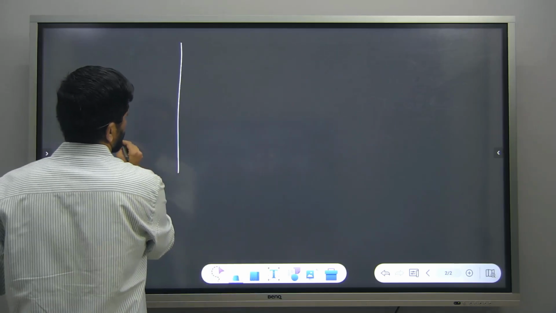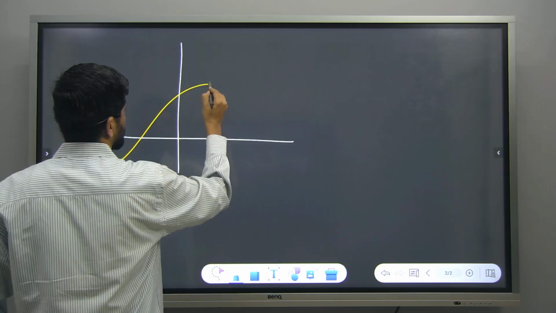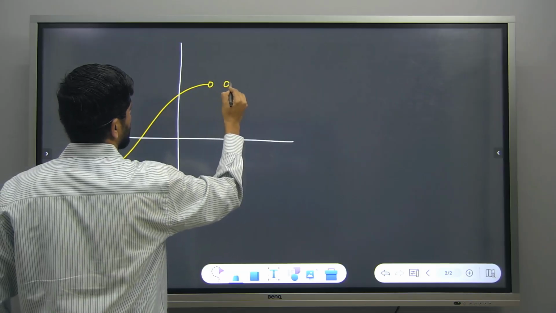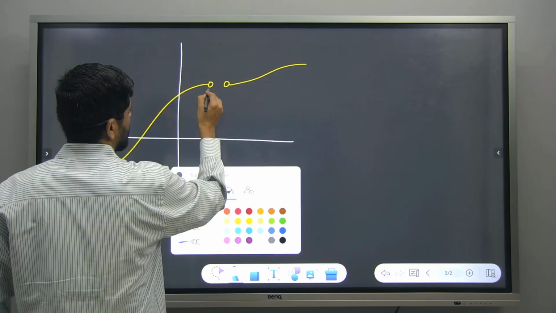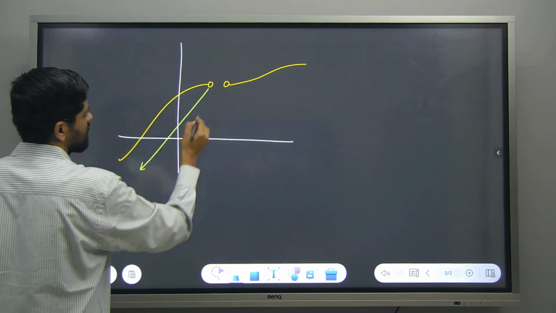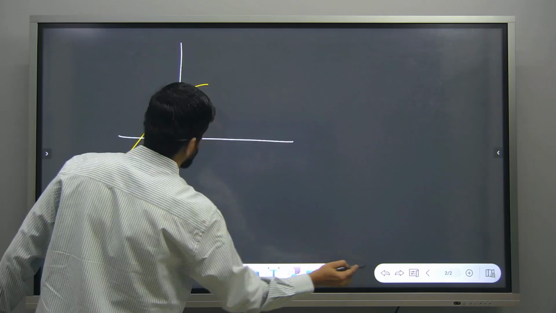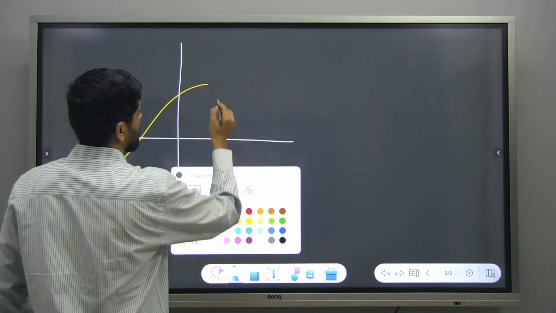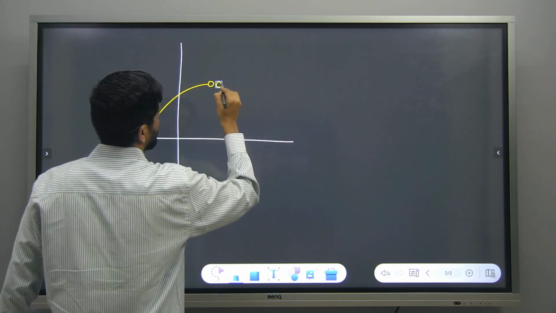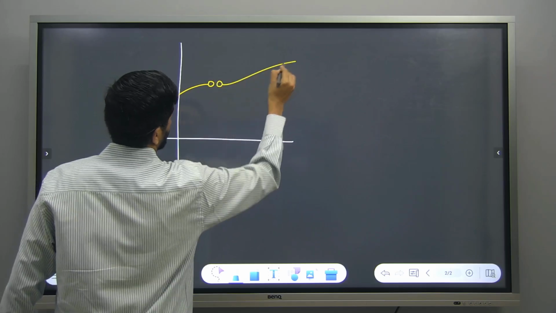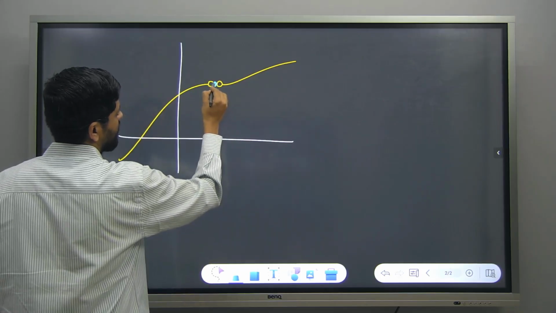Whenever we have a function, say this is the function, and I'm taking two values towards the right of the function and towards the left of the function.